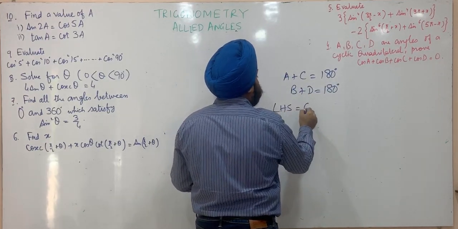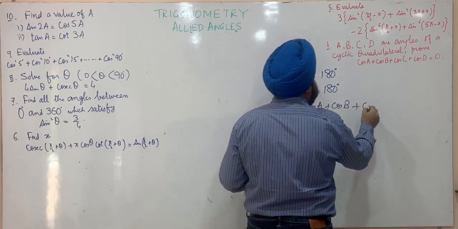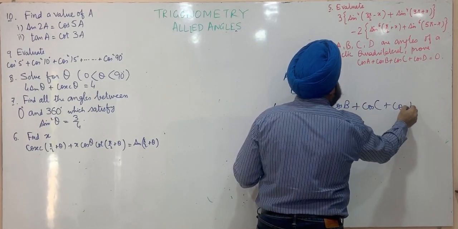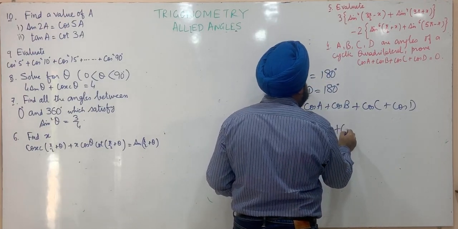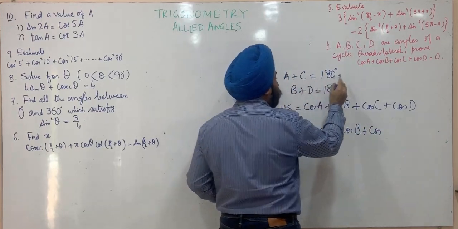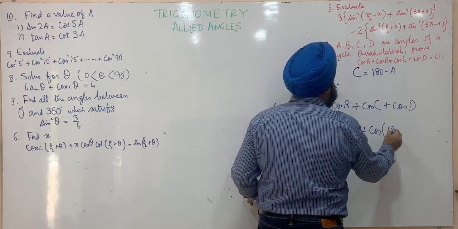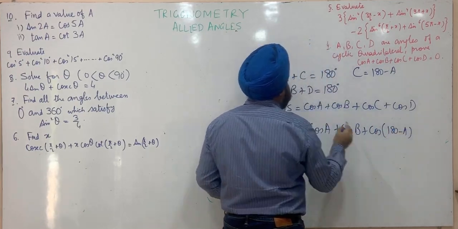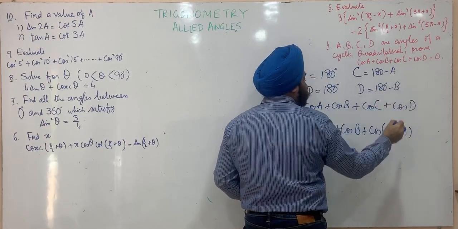Left hand side, this is cos a plus cos b plus cos c and plus cos d. From this, c is 180 minus a, and from this d is 180 degrees minus b.